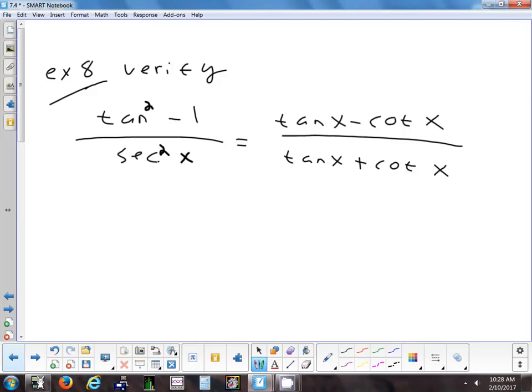Any suggestions on what I could try here? How about what side do we want to start with? The left? I would probably start with the right. To me, that looks a little more complicated than the left, just because you have some stuff in the top and the bottom to simplify.